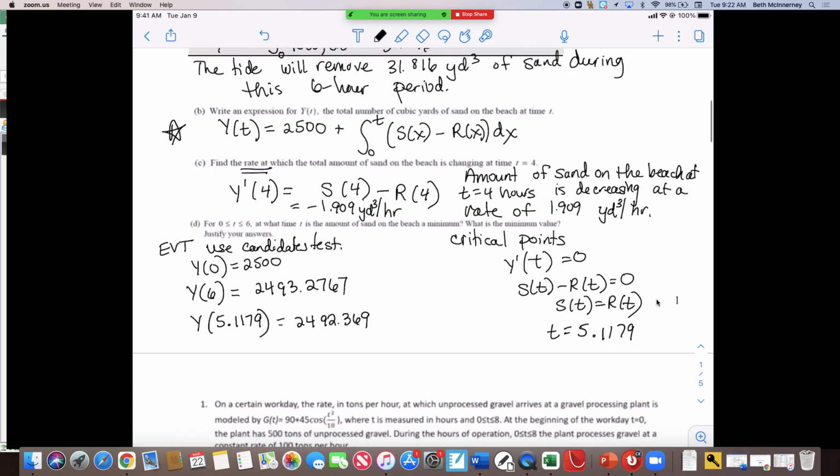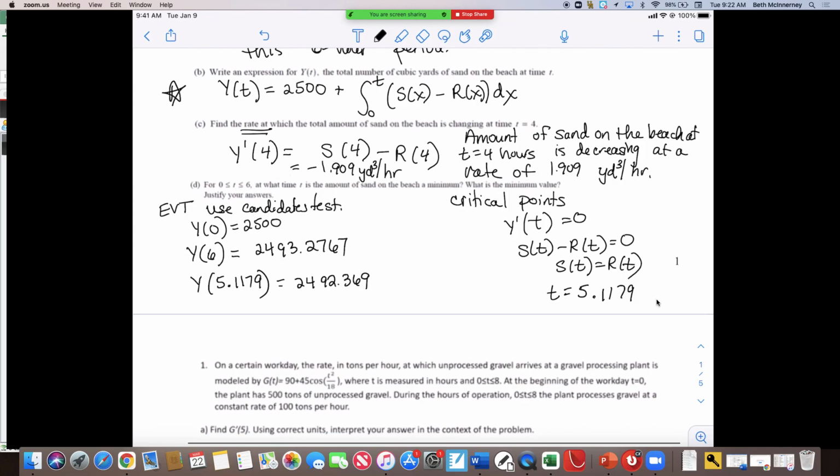So where is the minimum? The minimum amount of sand is 2,492.369 cubic yards at time t equals 5.1179 hours.